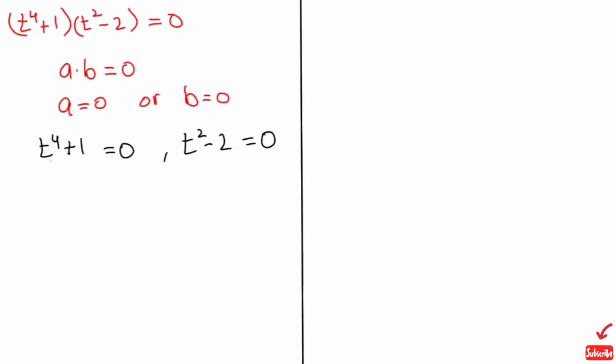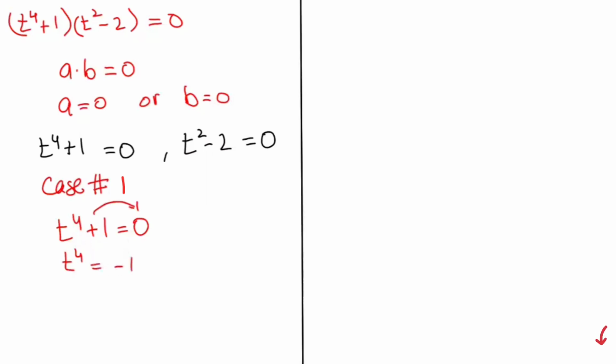Now I am going to solve the first case. t to the power of 4 plus 1 is equal to 0. Now I take this positive 1 to the right hand side, so it turns to negative 1.